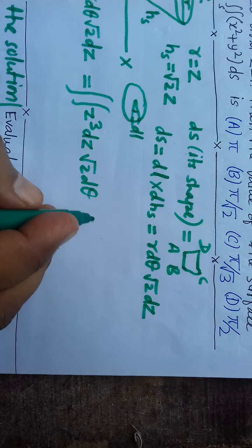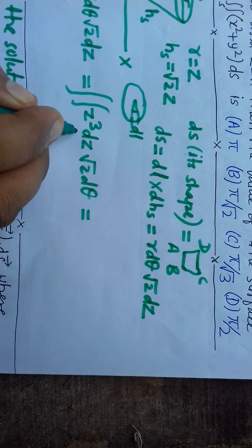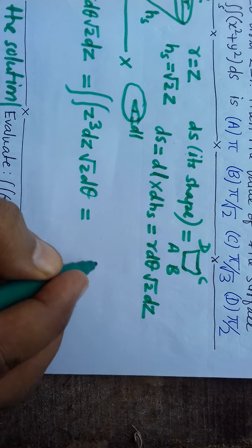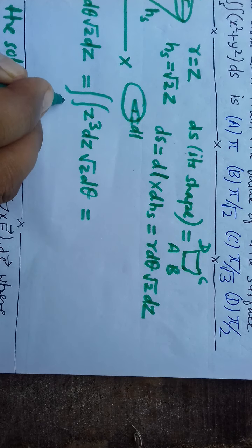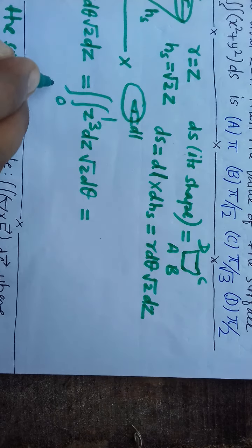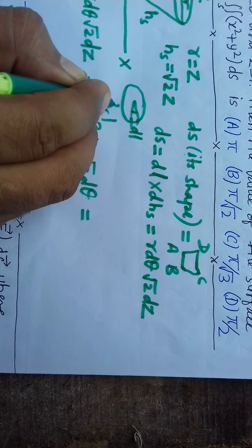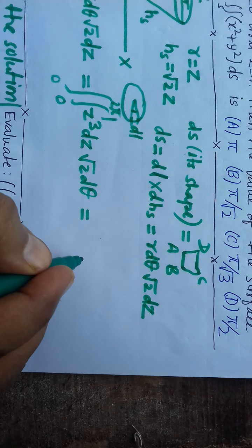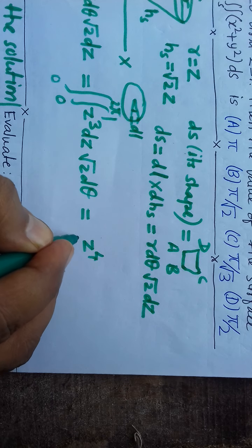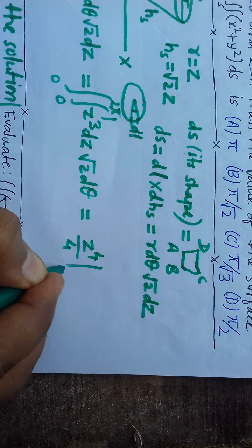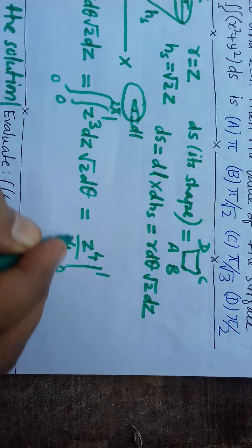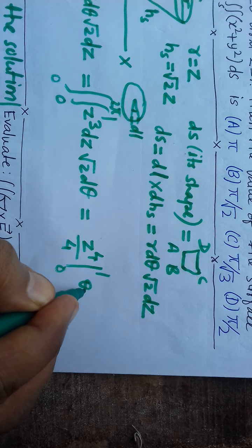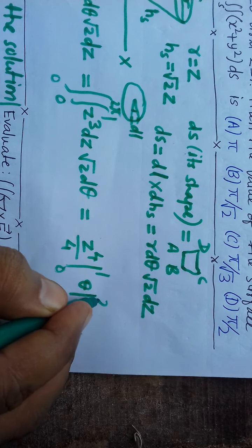Now it is very easy to calculate. If we integrate with respect to z, z will be 0 to 1 and theta will be 0 to 2 pi. So this will be z to the 4 by 4 from 0 to 1, and the integration of d theta will be theta from 0 to 2 pi.